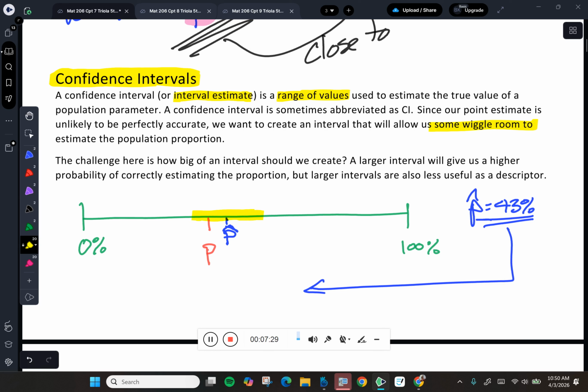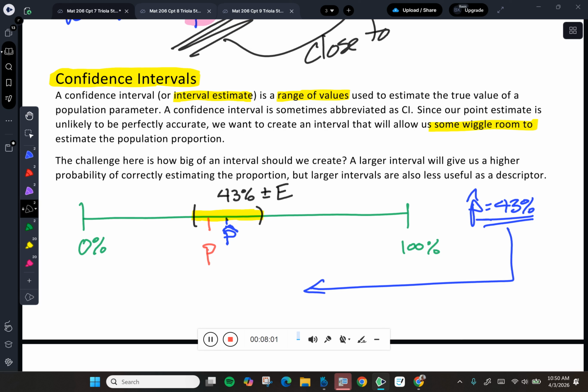Let's say that's going to be our interval estimate for P: our 43% plus or minus a little margin of error E. We'll worry about how big E is later. I'm going to get a tool that estimates better.